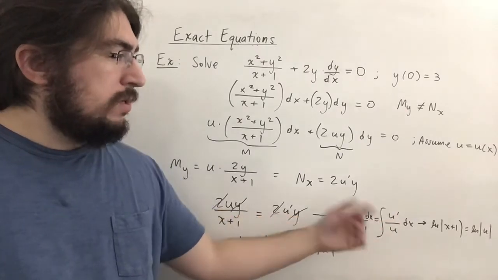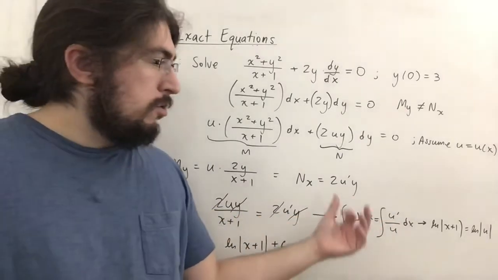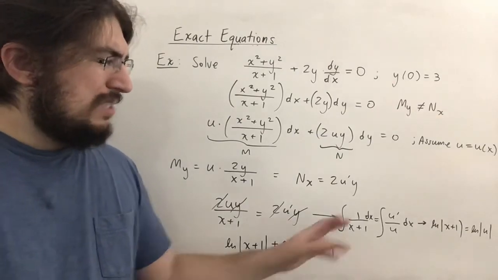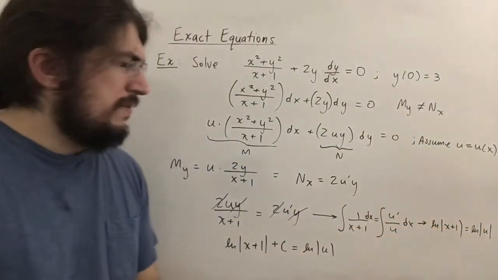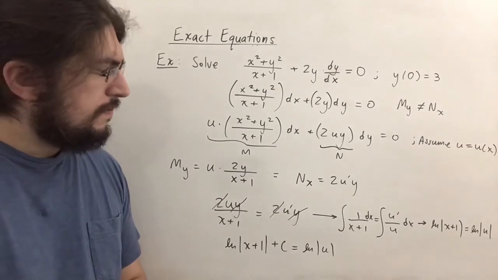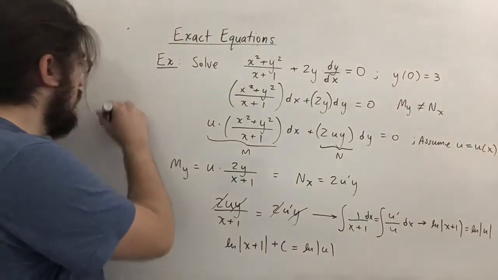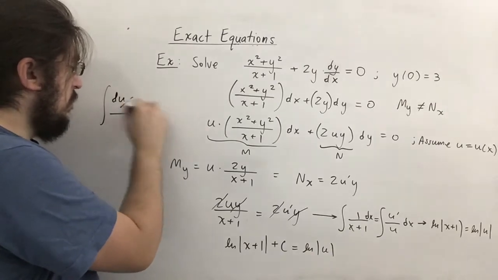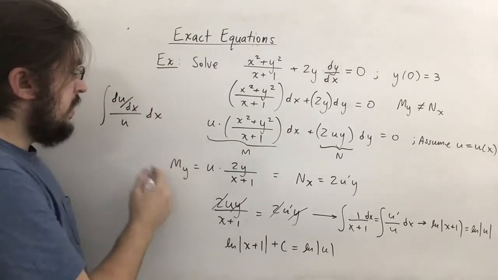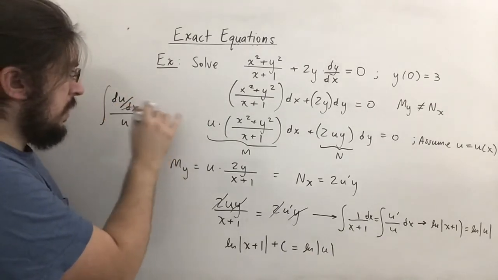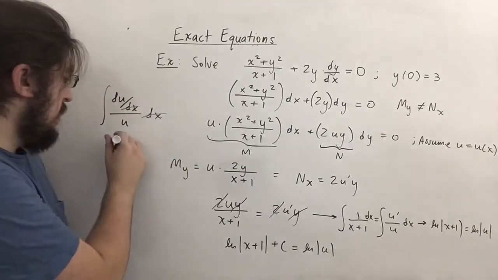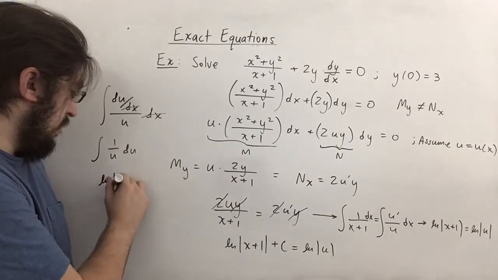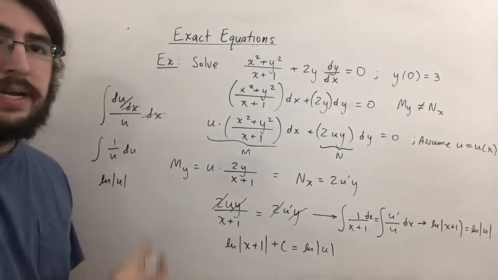The u prime over u is just 1 over w dw, whose antiderivative is ln of that. So you just get this anyways, which is kind of strange, but yeah. Or another way of seeing it is that if you look at this as du over dx over u times dx, think of the dx's canceling because we have one in the denominator, one in the numerator. So this is really 1 over u du, whose antiderivative is ln of absolute value of u, up to adding a constant.